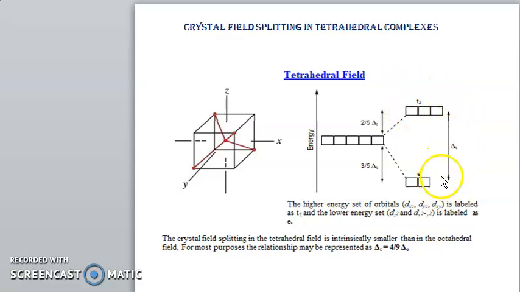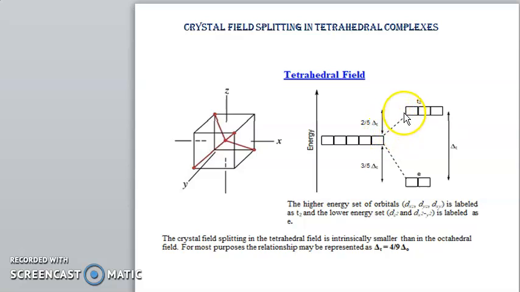The distance between these two, E and T2, is del T. This del T represents the crystal field splitting energy of the tetrahedral complex.